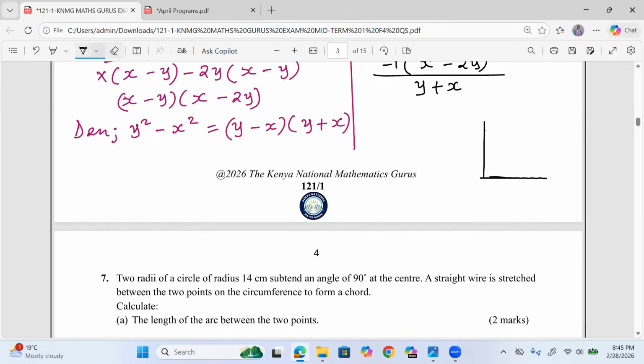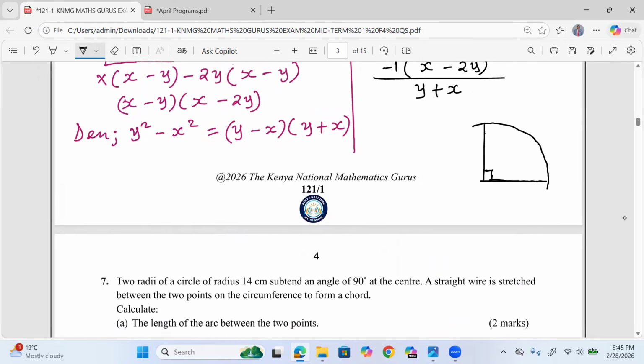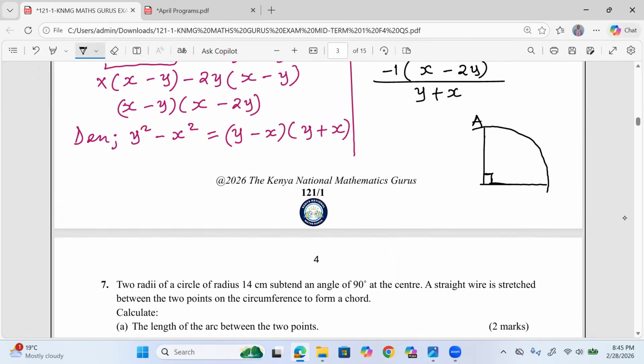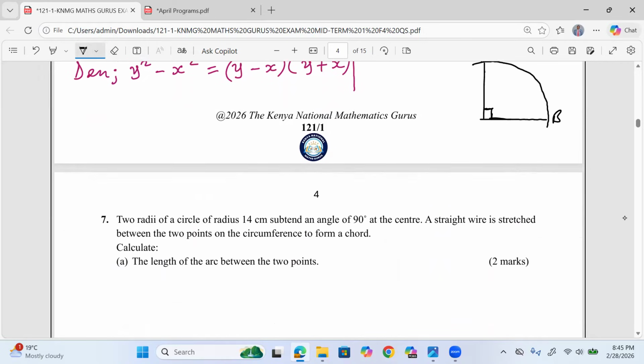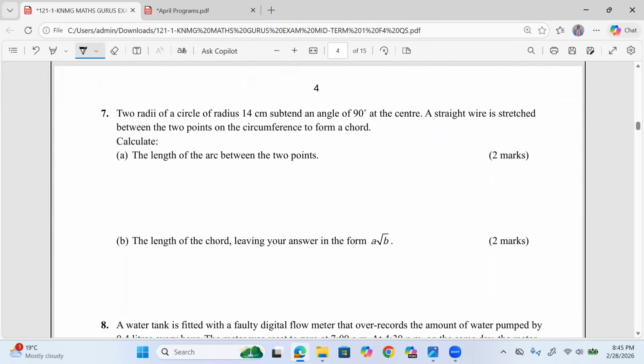Now I am fixing the arc, like that, with 90 degrees. So when we talk about the arc AB, from A to B, it's a portion of the circle. Therefore, we need theta over 360. I'll start by giving the formula: theta over 360 times 2 pi r.